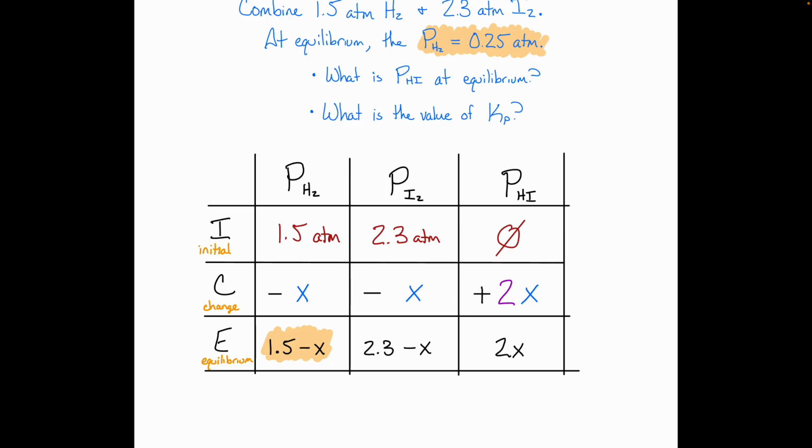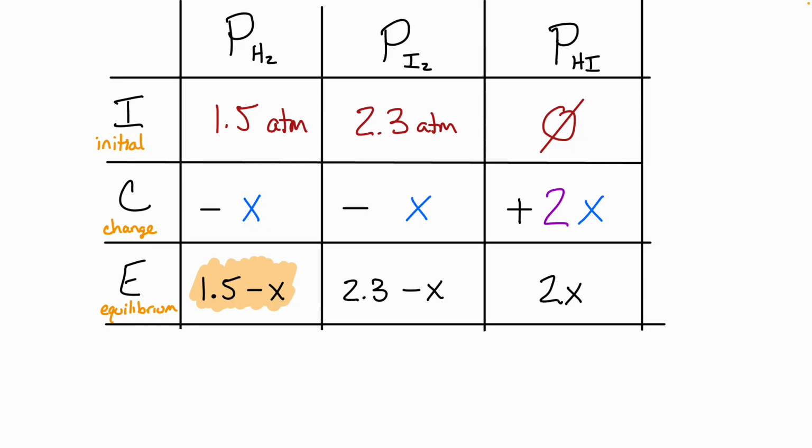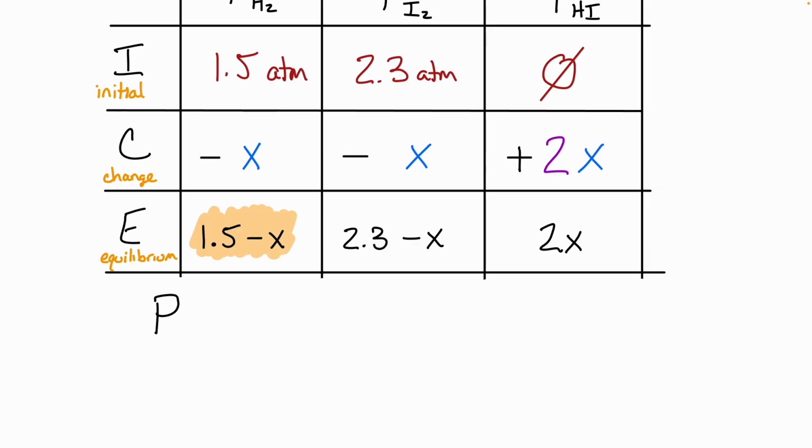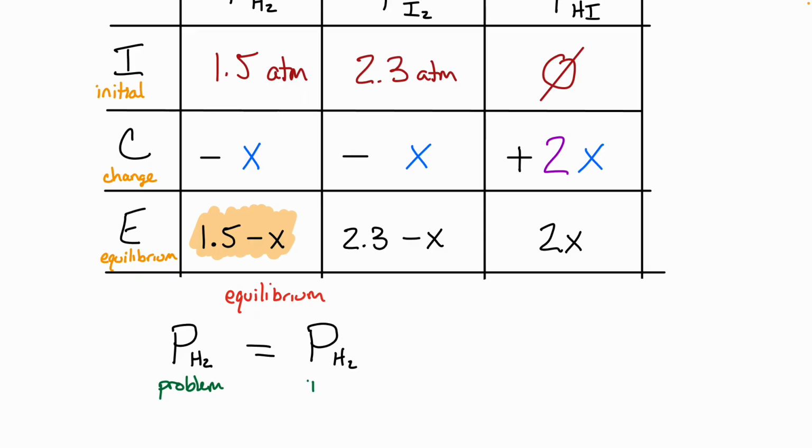We're going to set these two equal to one another, right? I know 1.5 minus x has to equal 0.25 atm. This is what you all just did in your head quickly when you told me it was 1.25 atm that reacted, all right? But what we're going to do is take the pressure of H2 at equilibrium from our problem, and set it equal to the pressure of H2 at equilibrium from our ICE table.